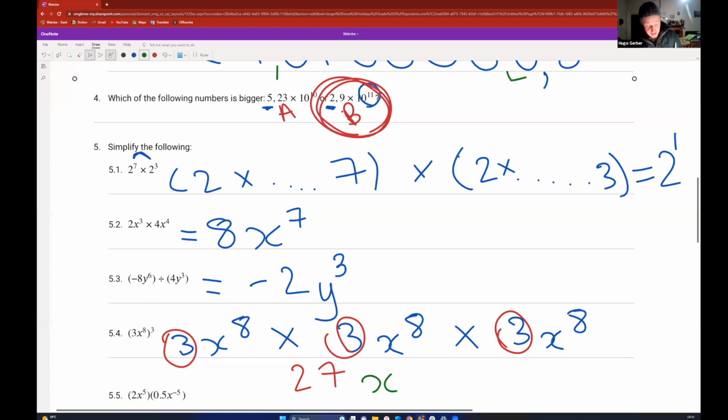So that means adding 8, 3 times 8, plus 8 plus 8 is gonna give us, like Vudi said, 24. So the correct answer here, thank you for everybody in the chat, 27, because we had 3 times 3 times 3, x to the power of 24, because we have power of 8, power of 8, power of 8 added together. All right, thank you so much, everybody.